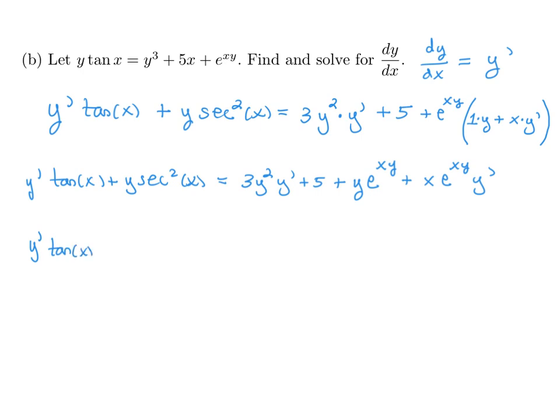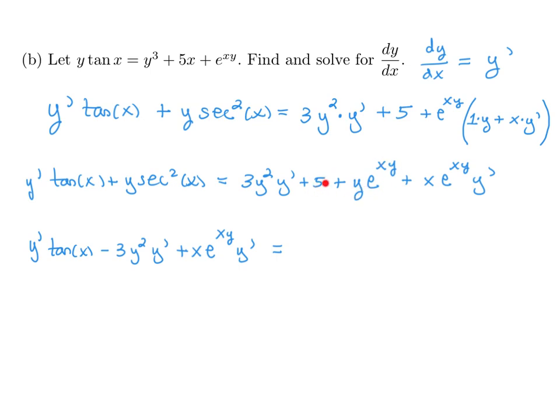I'm going to subtract this first to this side. So we get minus 3y squared y prime. And then I'll subtract this, which is plus x e to the xy y prime.